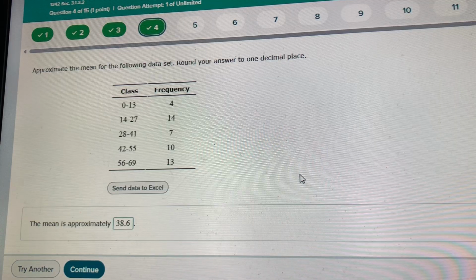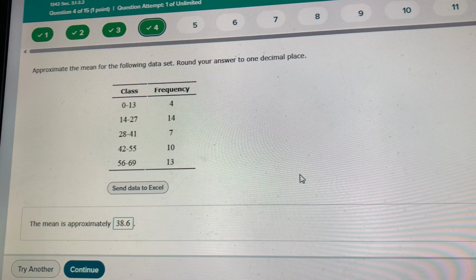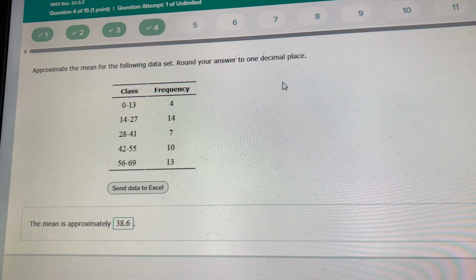So you can do grouped averages if you work with the midpoint of each class and just assume everybody's in the middle, because some people will be above the middle, some will be below. In the long run, it'll kind of average out.